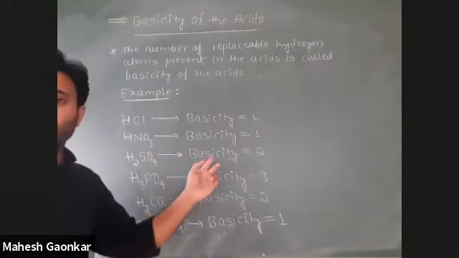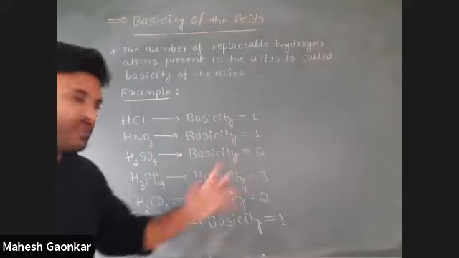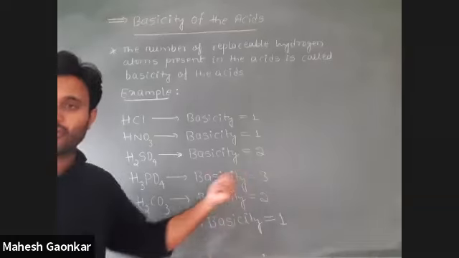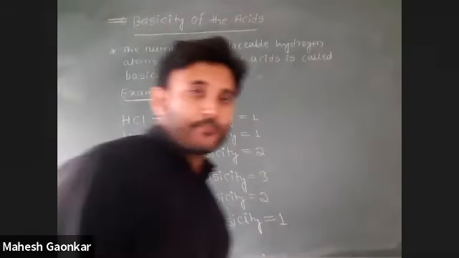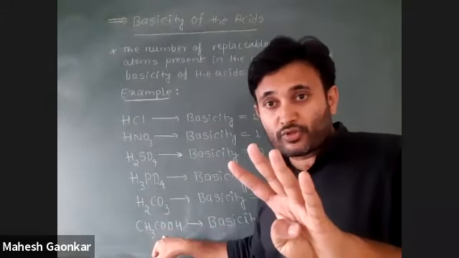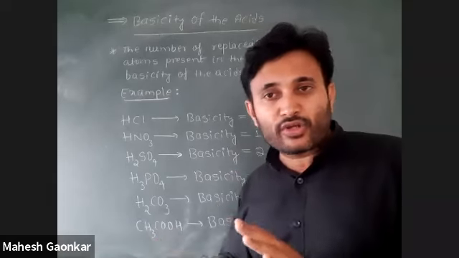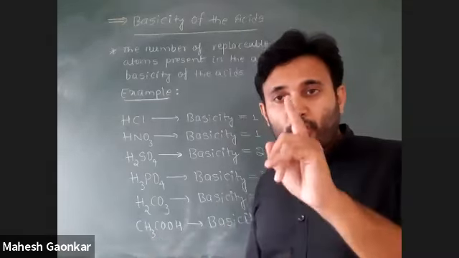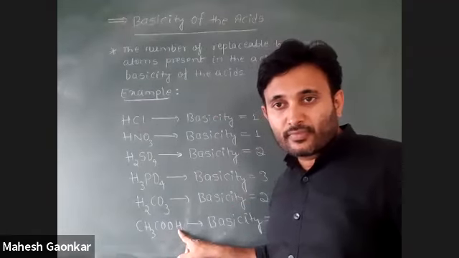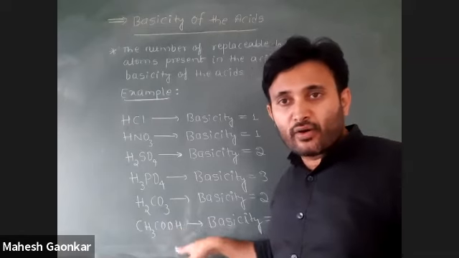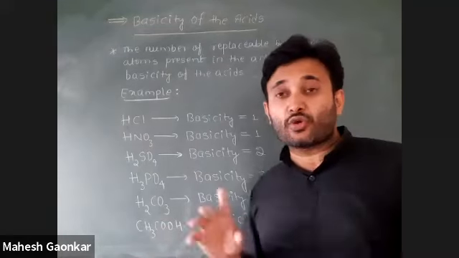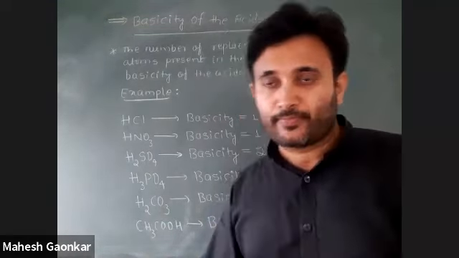Therefore, its basicity is 2 and it is called a dibasic acid. Phosphoric acid has 3 replaceable hydrogen atoms, so its basicity is 3 and it is called a tribasic acid. And CH3COOH at last: there are 4 hydrogen atoms, but all are not replaceable. Only 1 hydrogen atom is replaceable, the one present at last. Therefore, the basicity of acetic acid is 1.